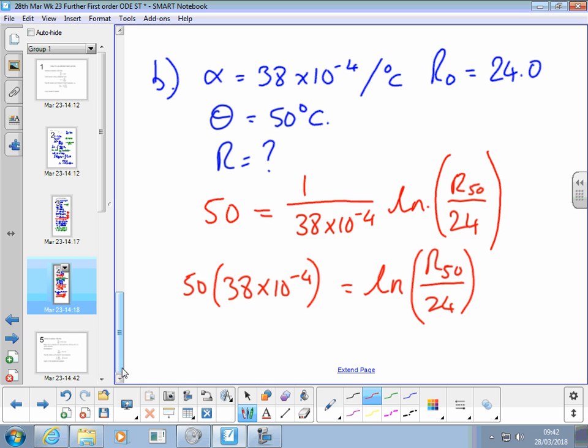You do e to the power of both sides. If you look at your calculator, e to the power of x is the inverse or shift function on the ln key.